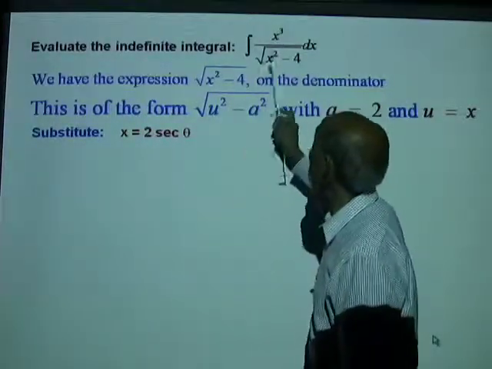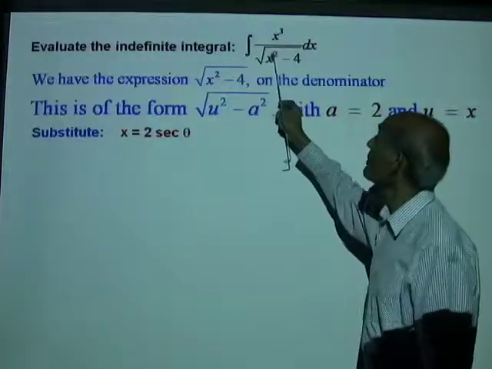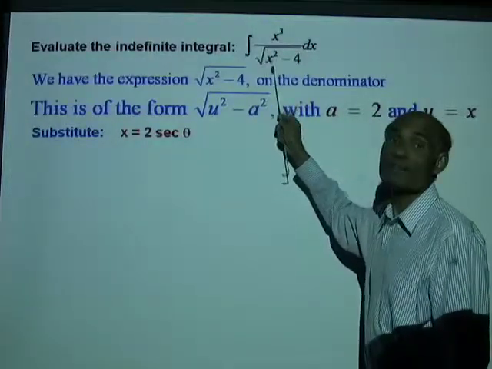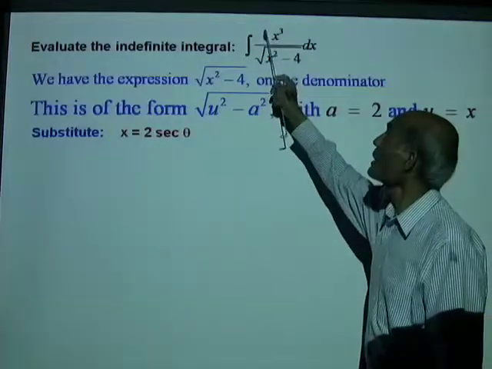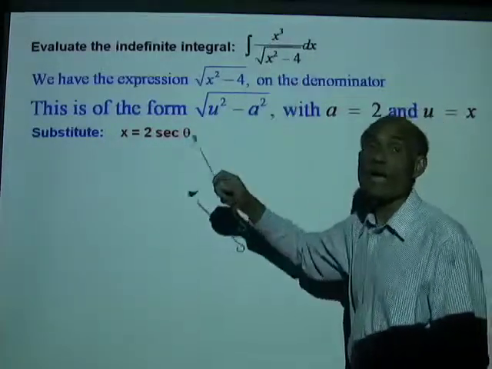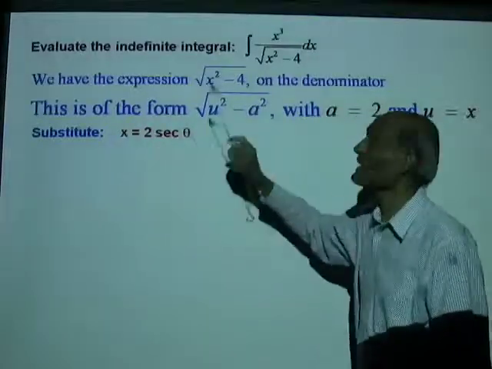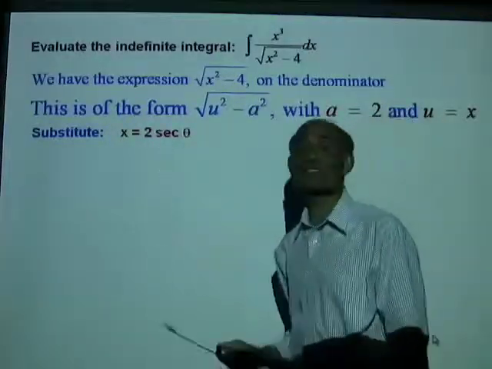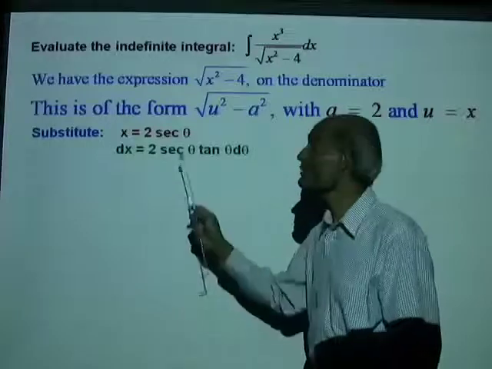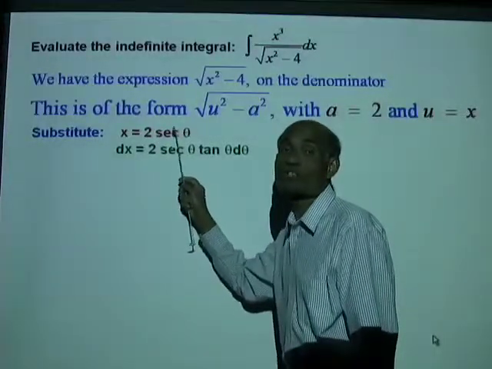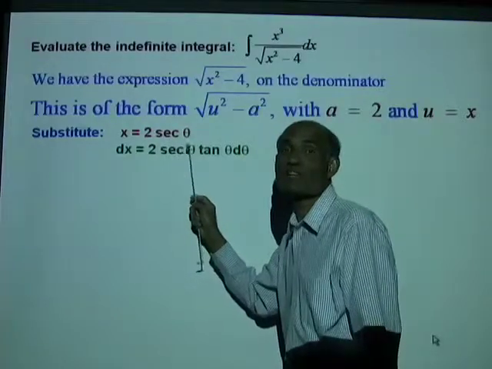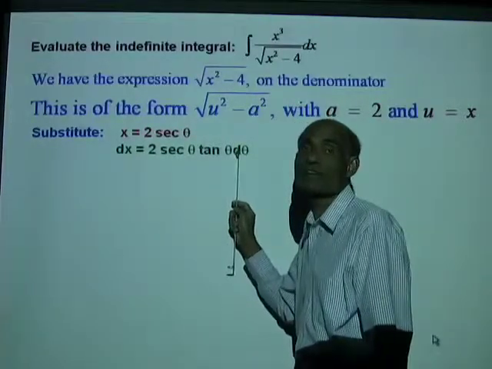If x equals 2 secant theta, what is x squared? X squared is 4 secant squared theta. And x cubed is 8 secant cubed theta. And dx, what is dx equal to? dx is 2 times the differential of secant theta, which is secant theta tan theta d theta.